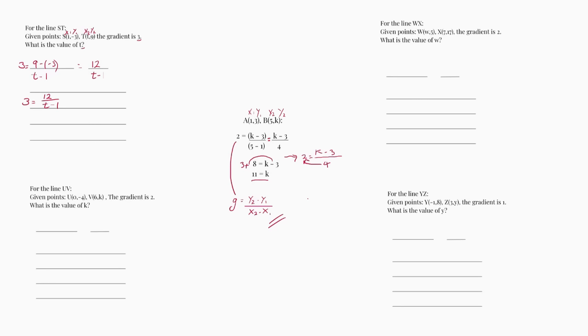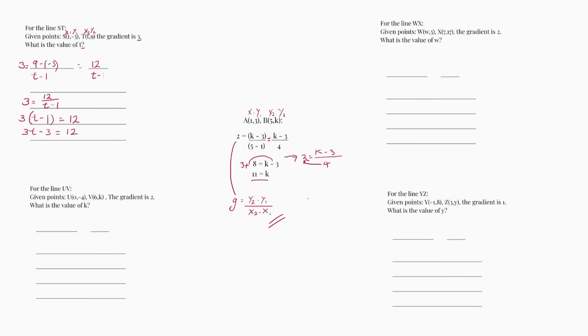We're going to multiply it out. So now we have 3 times t minus 1 equals 12. So we're going to expand it, take it out of the bracket. So 3 times t is 3t, 3 times minus 1 is minus 3, equals 12.